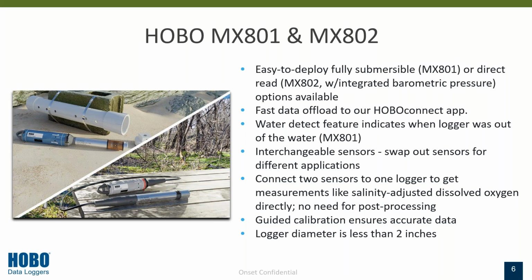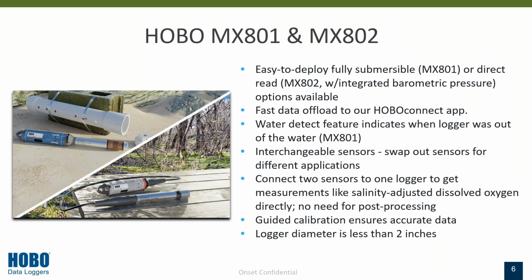Currently, we do have 3 sensors to choose from for this logger. We have a CT, a CTD, and a DO. You can use them individually on either logger by connecting them directly to the logger itself, just like this one here, or you can add in a cable to get that sensor further out.